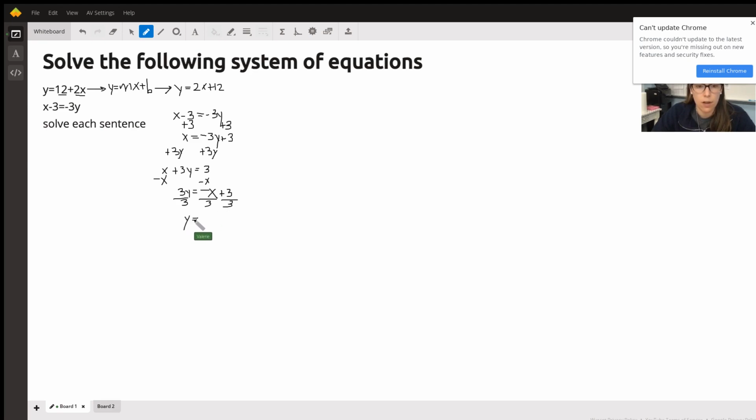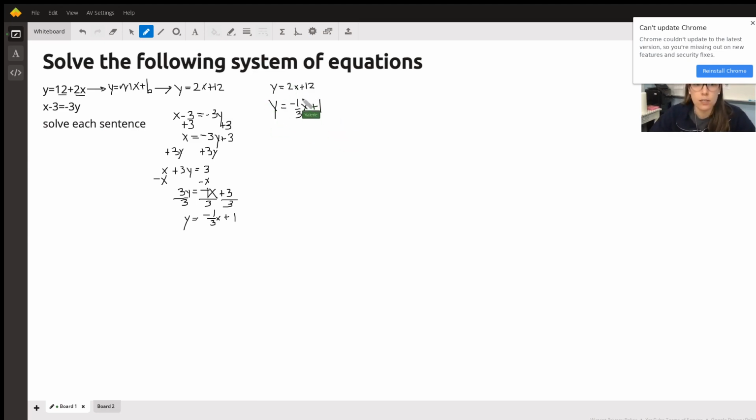So I end up with y equals negative 1/3 x, because remember, this is really a negative 1x, plus 1. Any number divided by itself is 1. So our two equations here are y equals 2x plus 12 and, let me rewrite that, y equals negative 1/3 x plus 1.